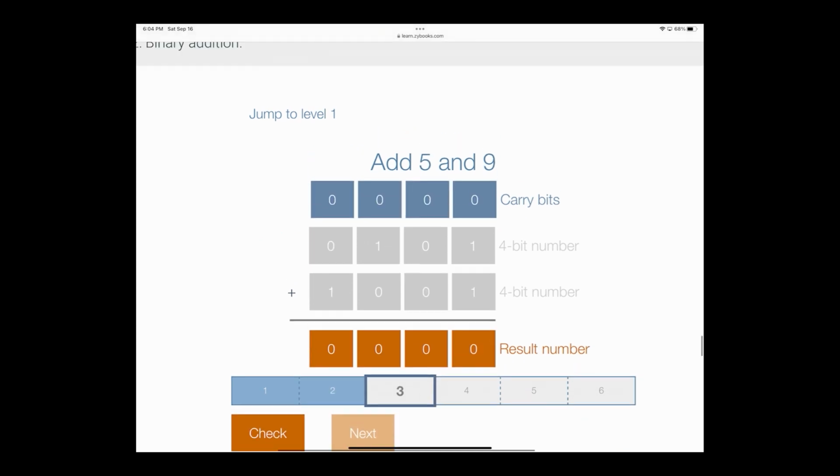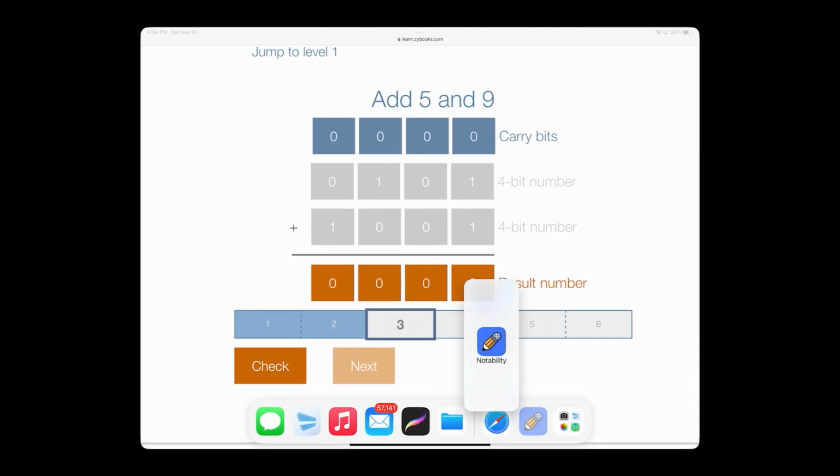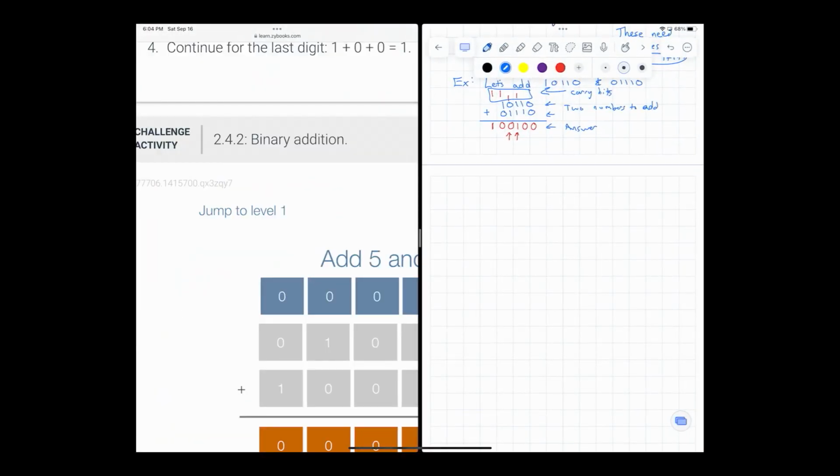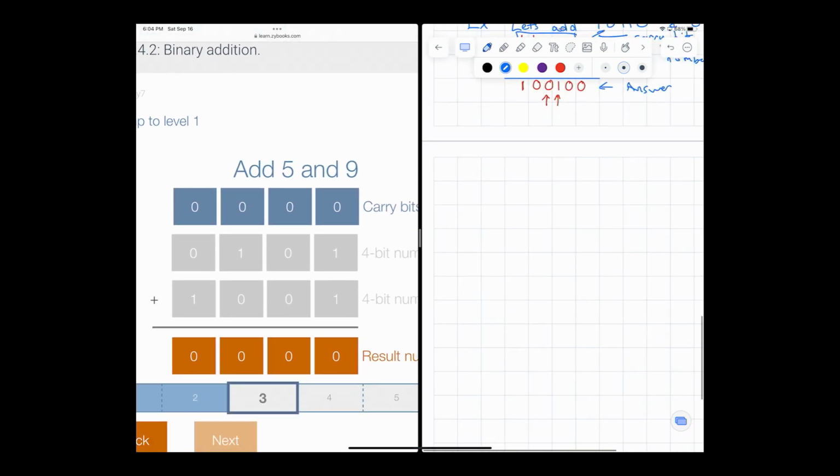I'm sure we're going to get some carrying soon. In fact, right now. Now we have to add 5 and 9. In this first column, you now have 0 on top plus 1 plus 1. If we're trying to add these by hand, right now we have 0, 1, 0, 1, and we're adding it to 1, 0, 0, 1.